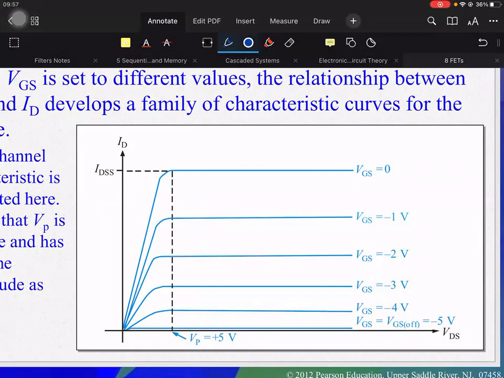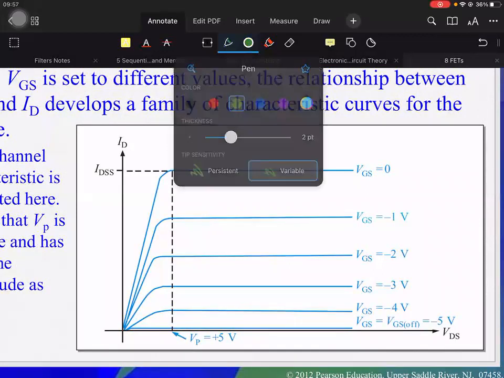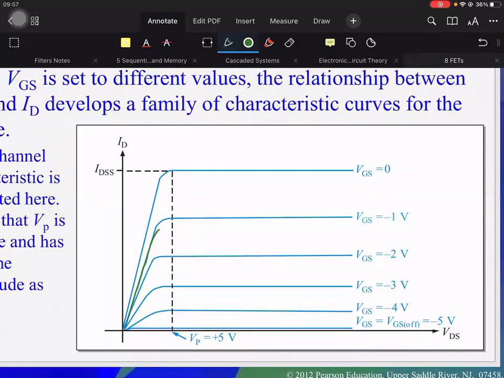So let's say, for example, we pick our VGS as -1. So this is our characteristic curve. We'll use this one and we will ignore all the others. Isa lang ani. And that value will be the value of the VGS of our circuit.